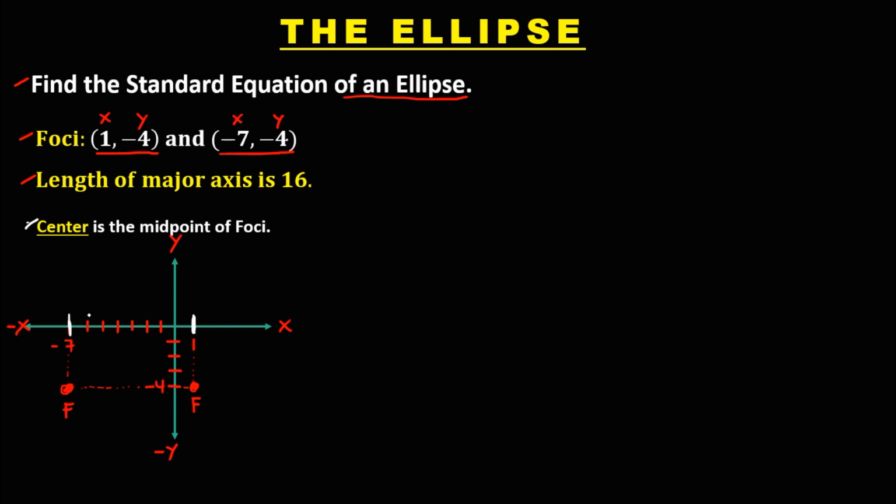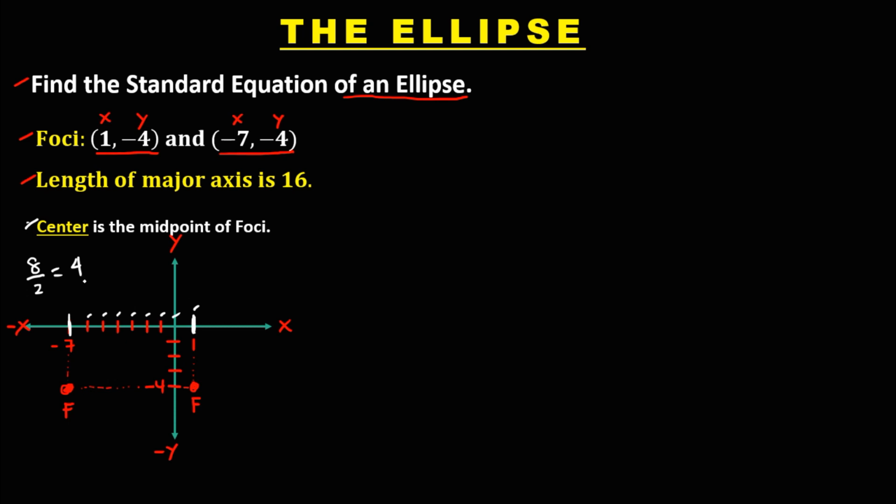So we have 1, 2, 3, 4, 5, 6, 7, 8. So we have 8. Then to find the center, divide this by 2. 8 divided by 2, that's 4.